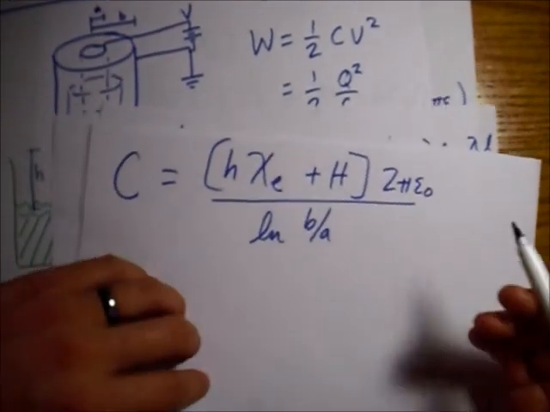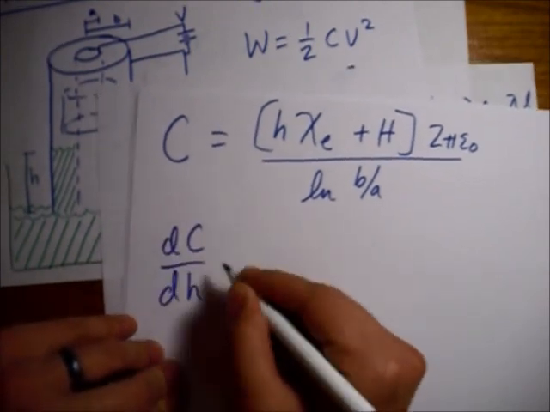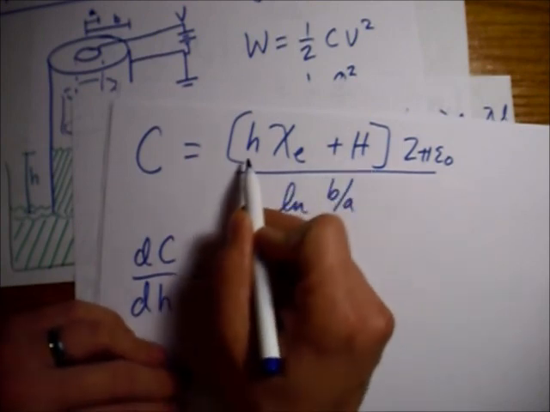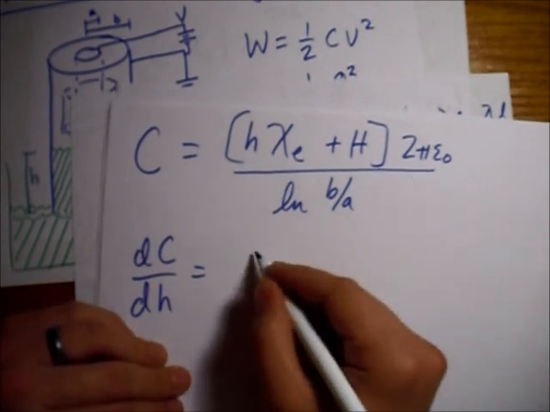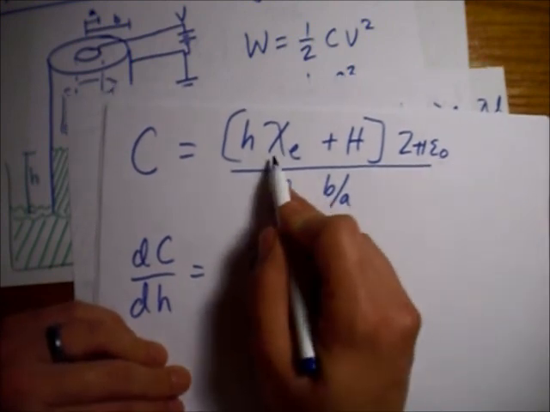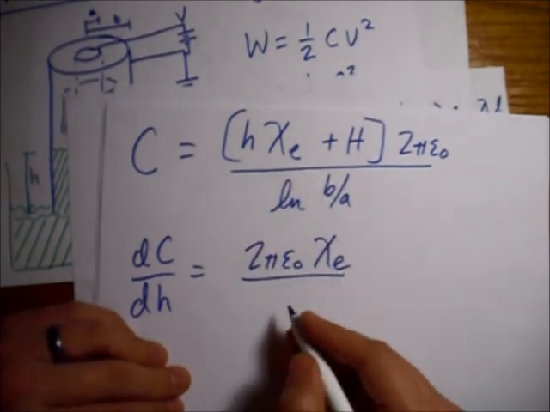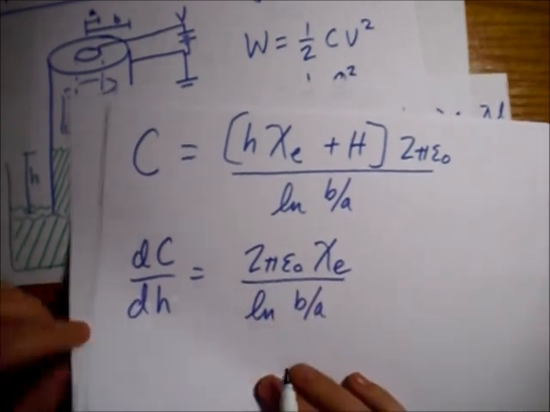So here's where our big H is just going to go away. If we take the derivative with respect to this little h, we will just get this 2 pi epsilon naught from right here. We have the electric susceptibility right there, divided by natural log of B over A.